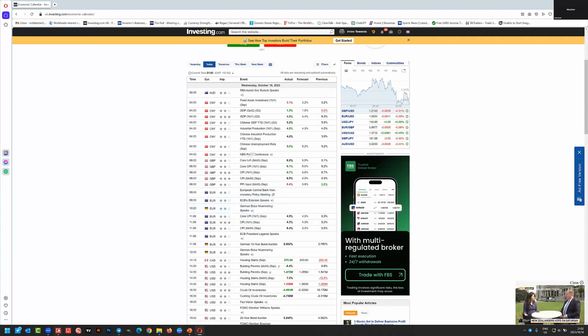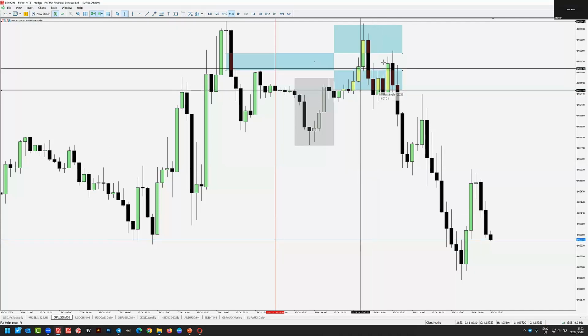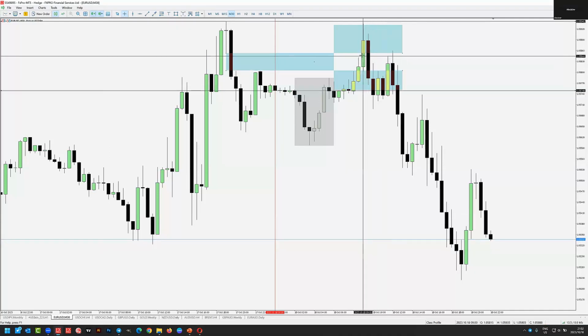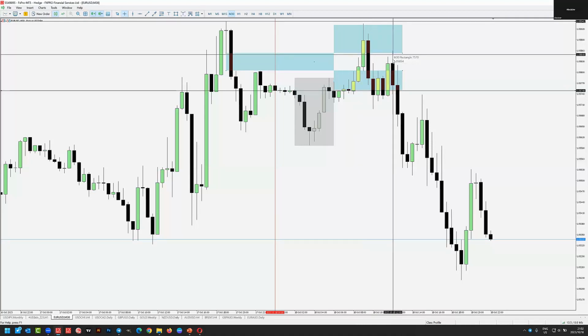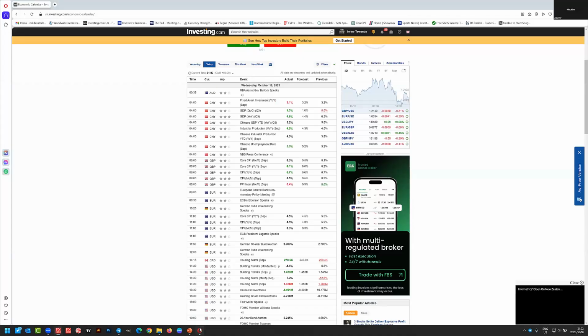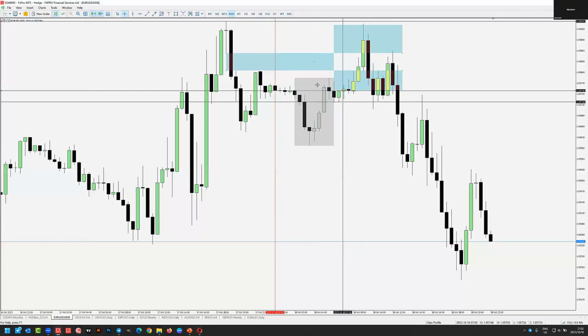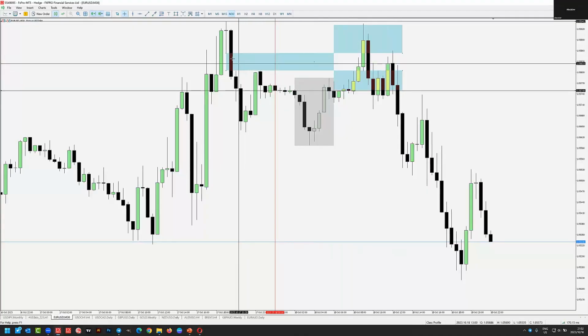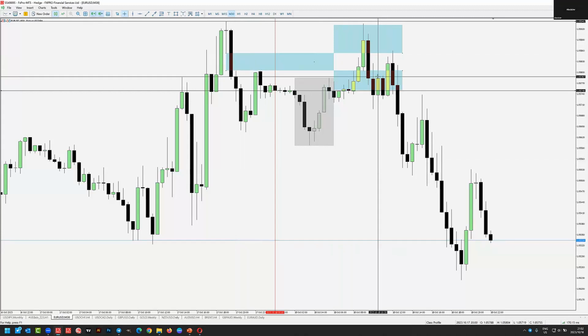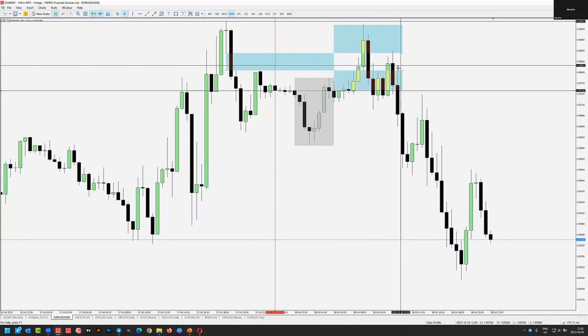So you can see the chances would have been pointing to high probability shorting opportunities, both at 9 a.m. and at 11. At 11, that's where CPI came in. You see, we had CPI for Euro. It remained unchanged. So you can see how price respected this fair value gap on a day when you're looking for high probability shorting opportunities.